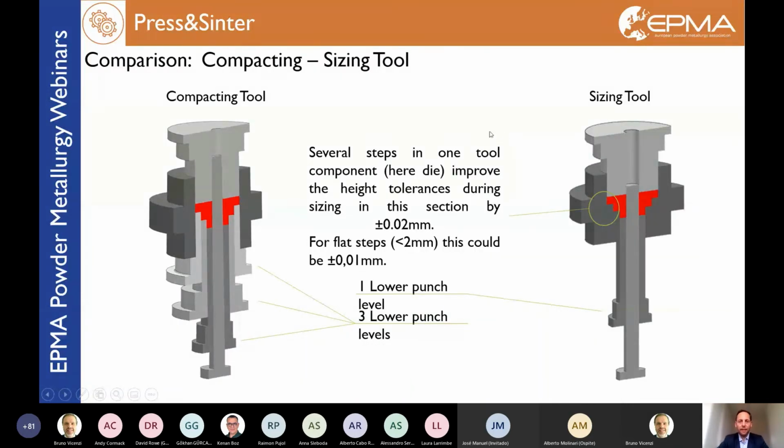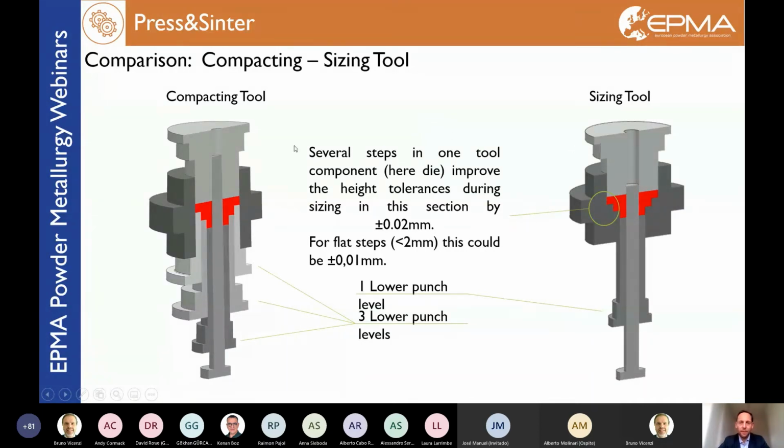Okay, let's talk a few words of sizing. As you already have seen in the previous presentations, we have the compacting, and after the sintering, obviously I have some deformation on the part. And for that reason, a very common process is the sizing.